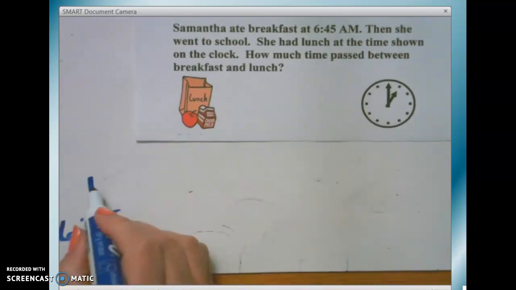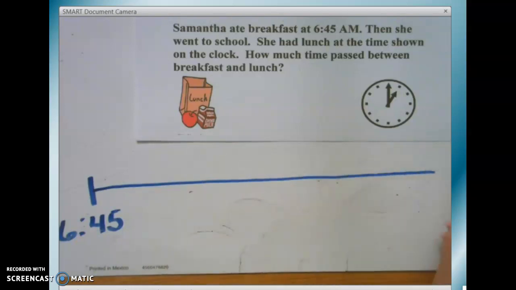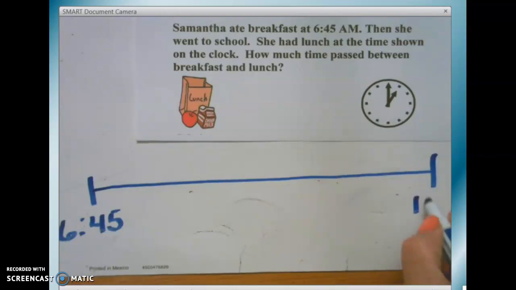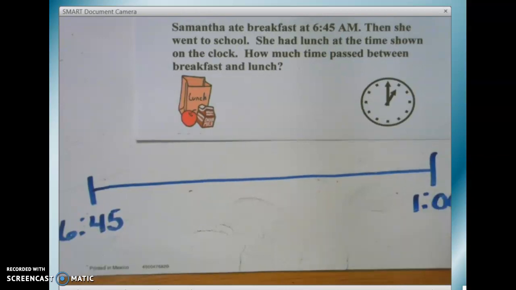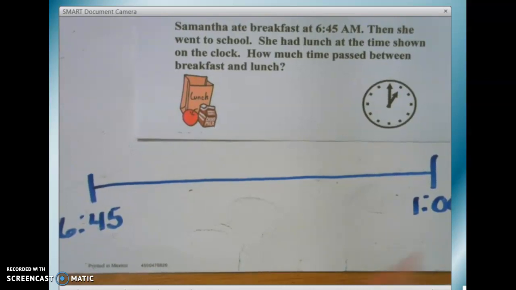How long is it until her lunch time, which would be what? What time is that? 1 o'clock. How much time has elapsed from 6:45 breakfast all the way till she finally eats lunch at 1 o'clock? That's a late lunch. Okay, so now we've got to figure it out.